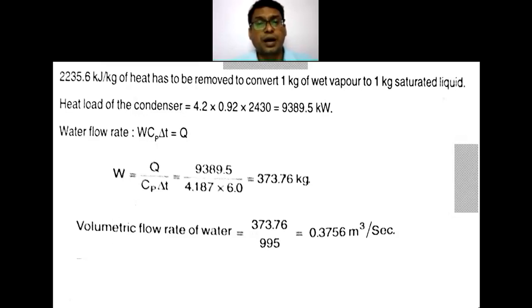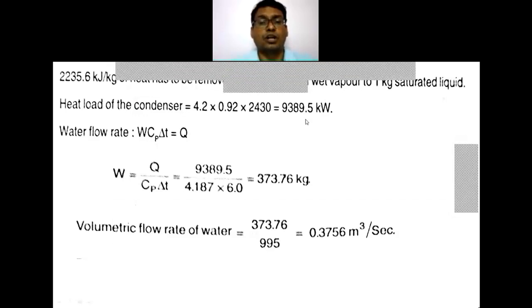So this much heat is to be removed with the help of the cooling water. I can calculate the cooling water flow rate by considering this heat divided by mCp delta T, or WCp delta T. So that comes as 337.76 kg per second.